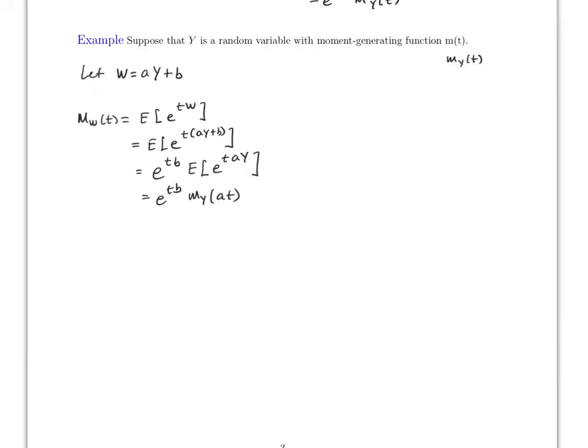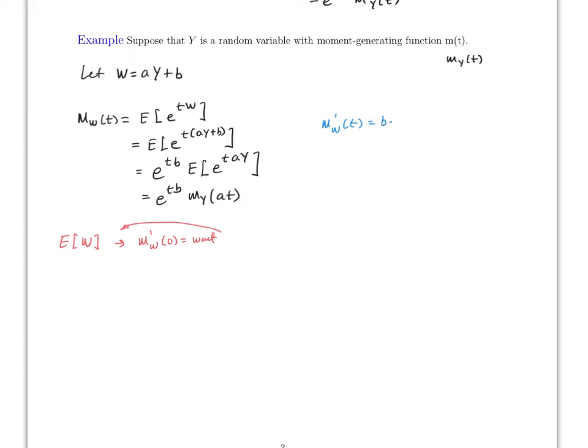So therefore, if we want the expected value of w, that means we need to find the first derivative and evaluate it at 0. This is what we want, so that will give you this. So what is the first derivative of m? Since you're taking that with respect to t, and you have a product here where this depends on t and this depends on t, you have to use the product rule.